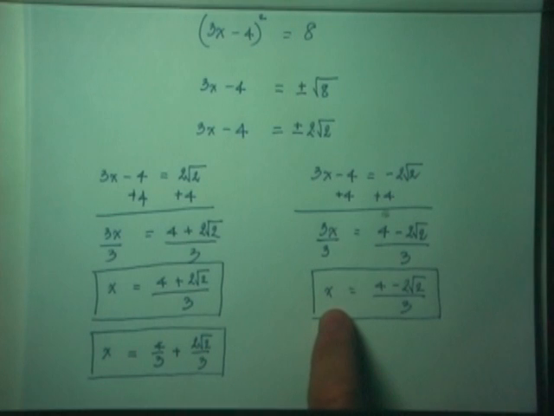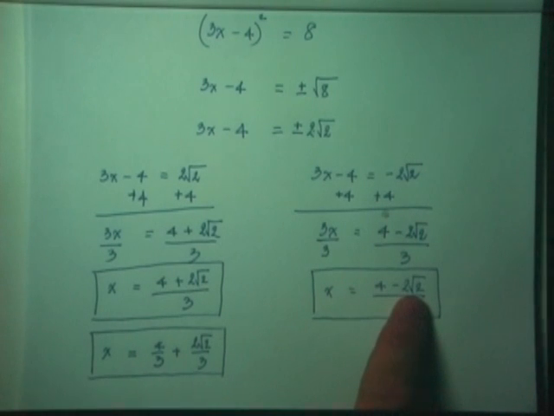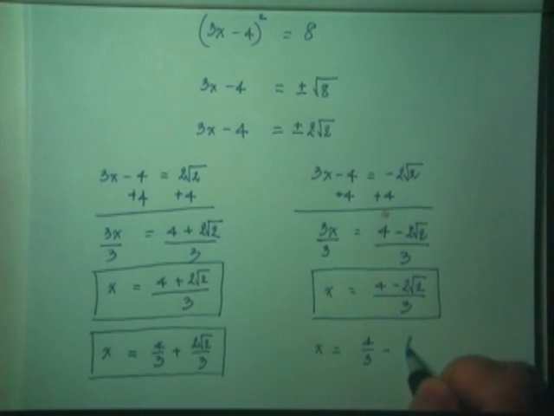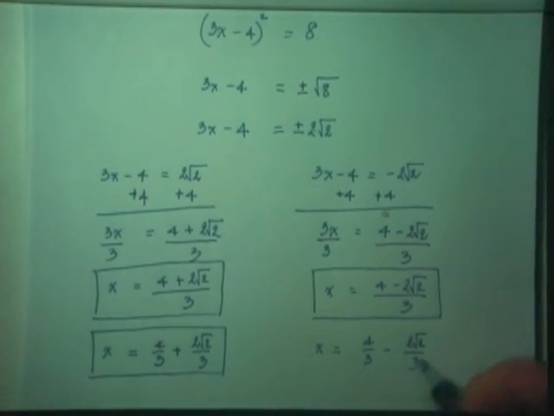The other solution for x would be x equals the quantity 4 minus 2 times square root 2 all over 3. And in the Course Compass way to re-express it, Course Compass might want you to write your final answer as 4 over 3 minus 2 square root 2 over 3.